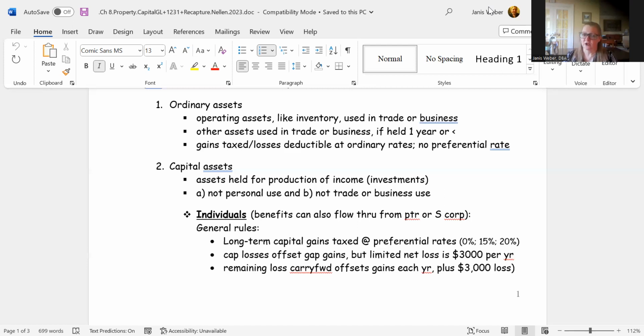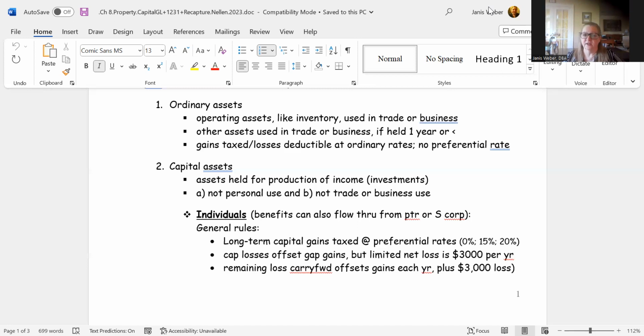Then capital assets are assets that are held for the production of income. They're not personal use, in other words, not strictly private. You're trying to make money on them. And they're not trade or business, so they're not your personal residence, and they're not business assets. There are other investments like stocks and bonds that you own, maybe even a piece of land you bought for investment purposes that you plan to resell.